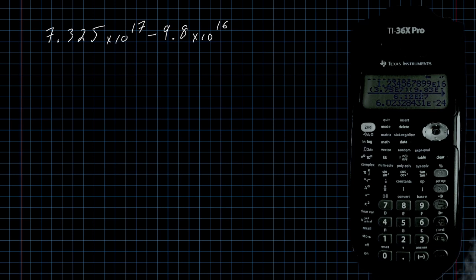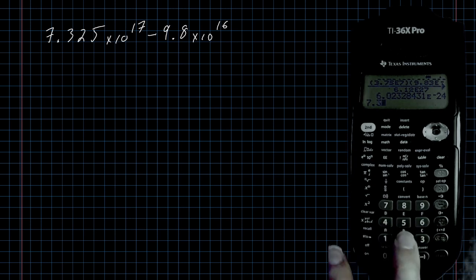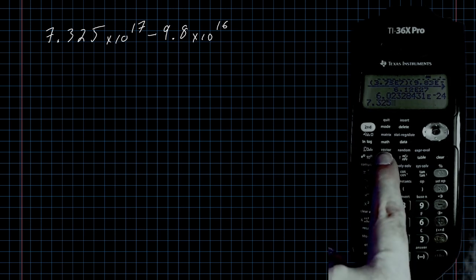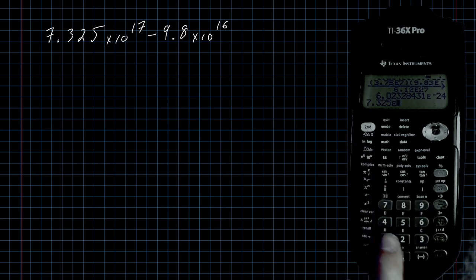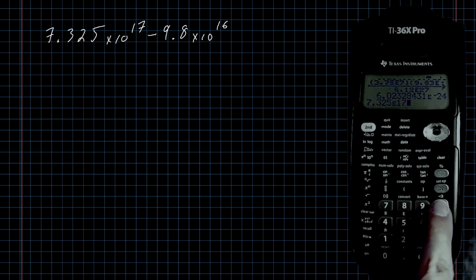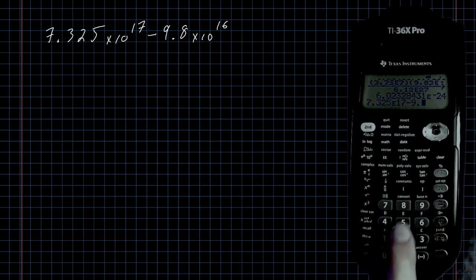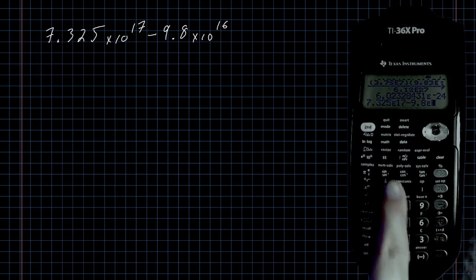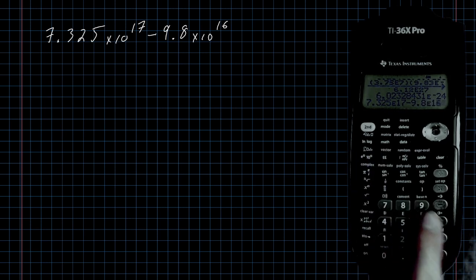If I punch this into my calculator, it will certainly give me a solution. 7.325 scientific notation 17 minus 9.8 scientific notation 16.